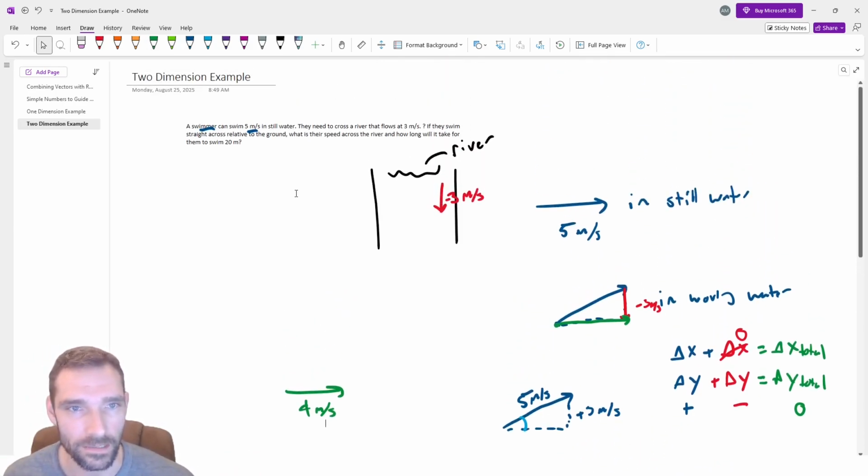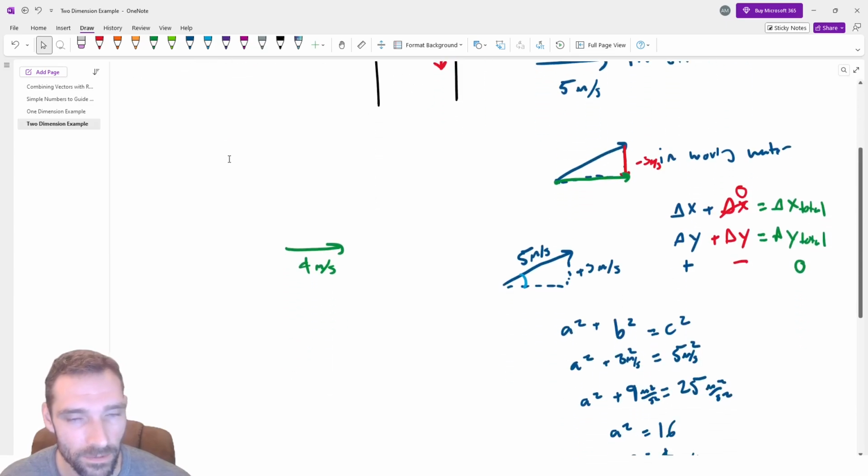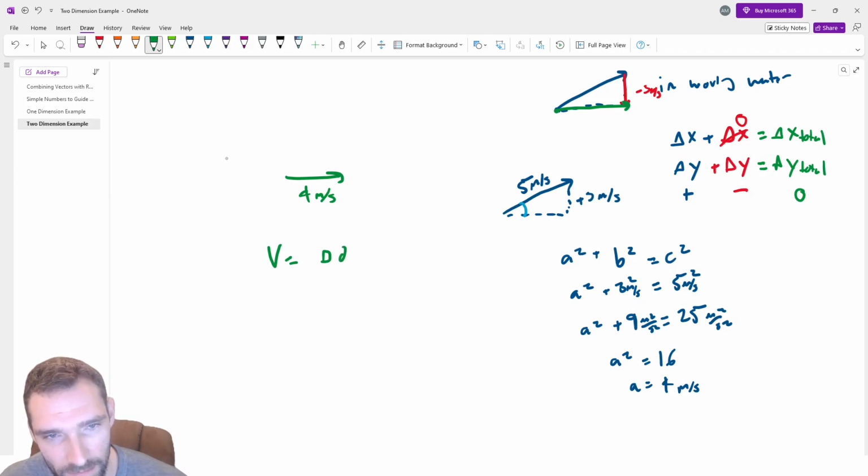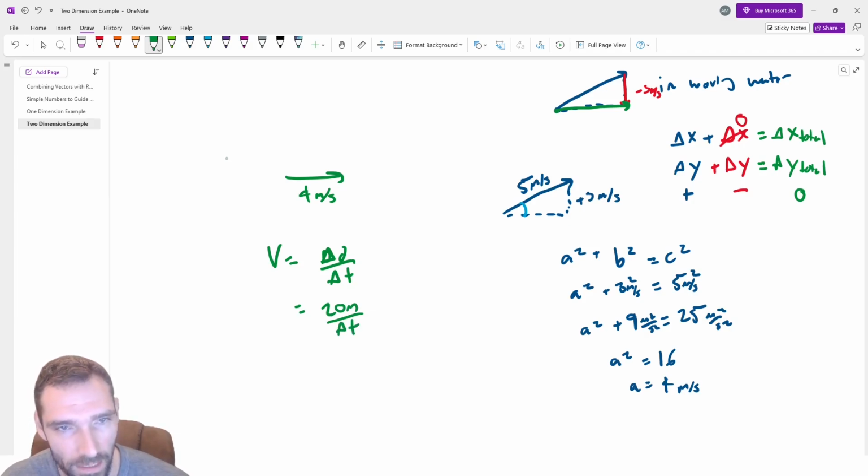And if we know that speed and we know the distance, velocity being equal to the change in d, or distance, over change in t, we've got 20 meters over some sort of change in time, and this is 4 meters per second. There's other versions of this equation that you could do, but you can kind of see the math.